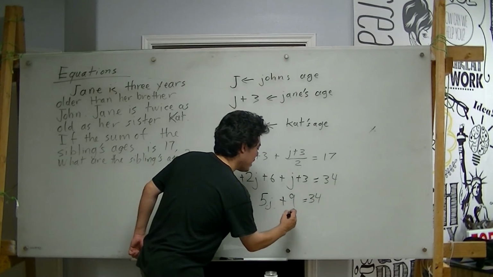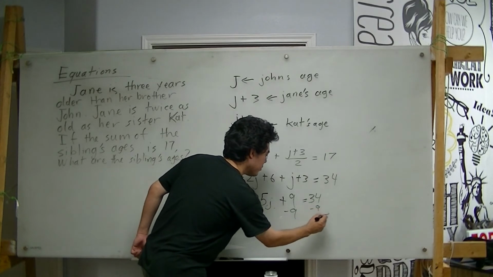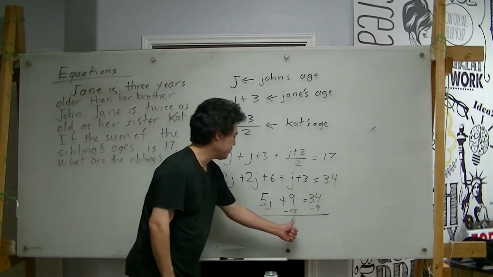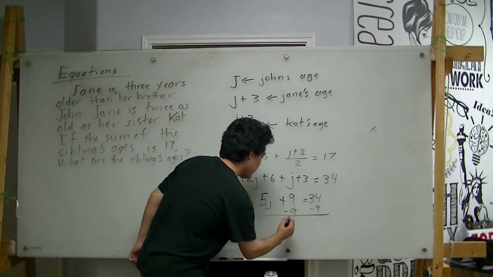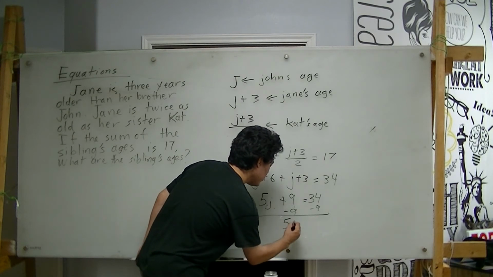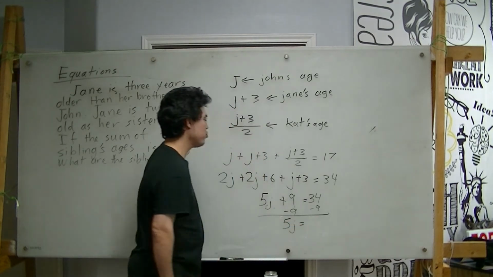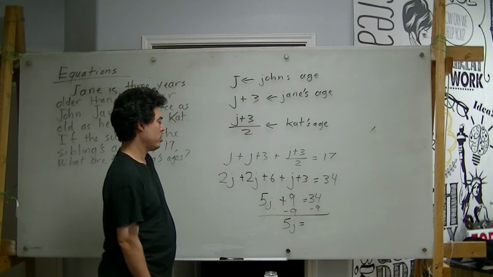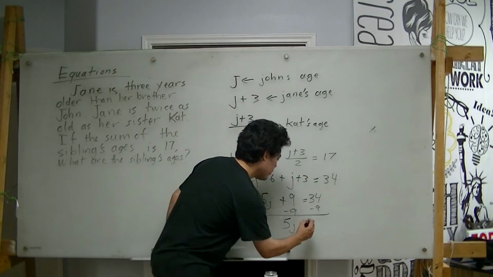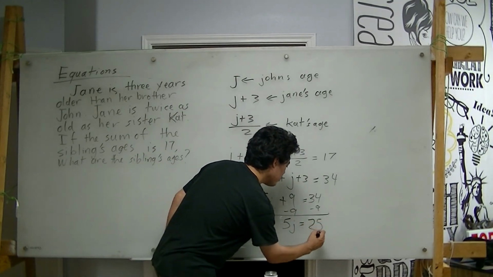Here I'm going to subtract 9, and I get that 5J is equal to 25. Perfect.